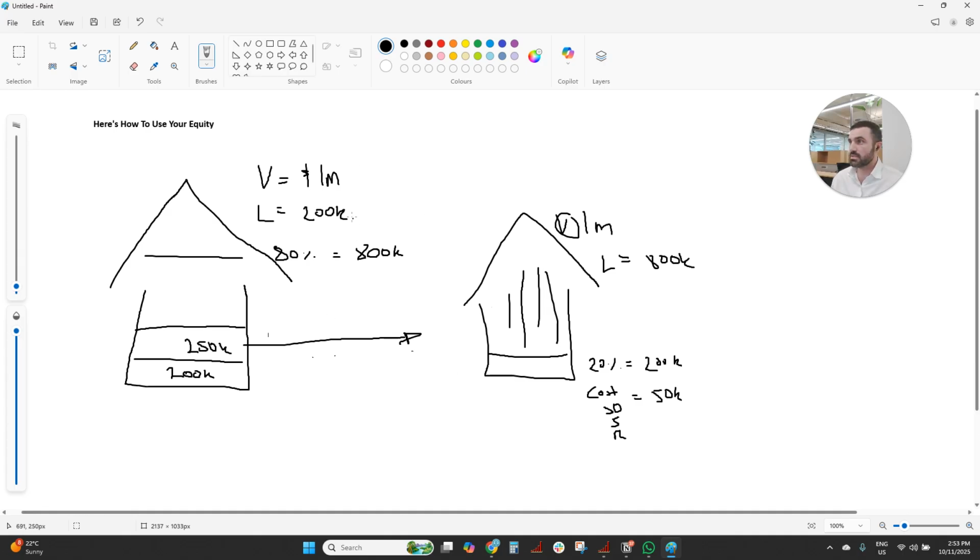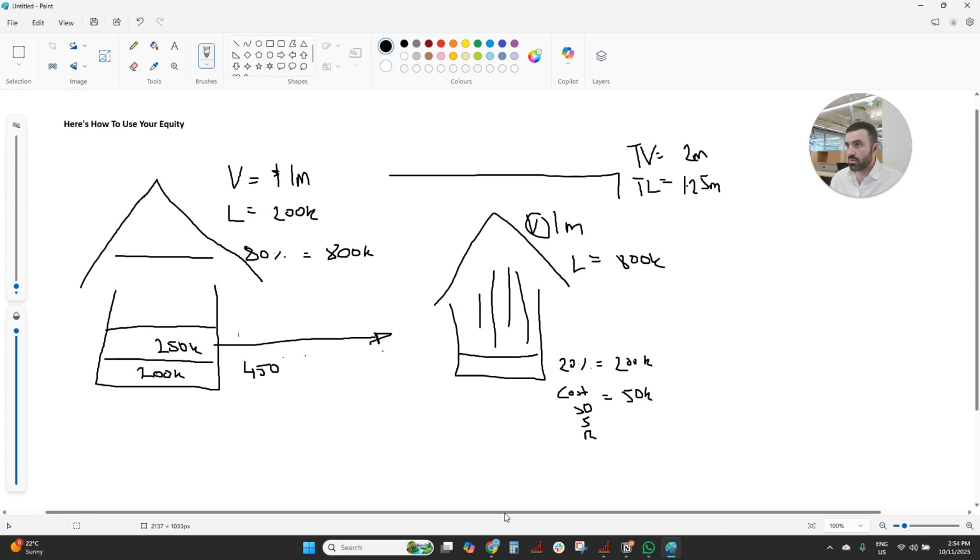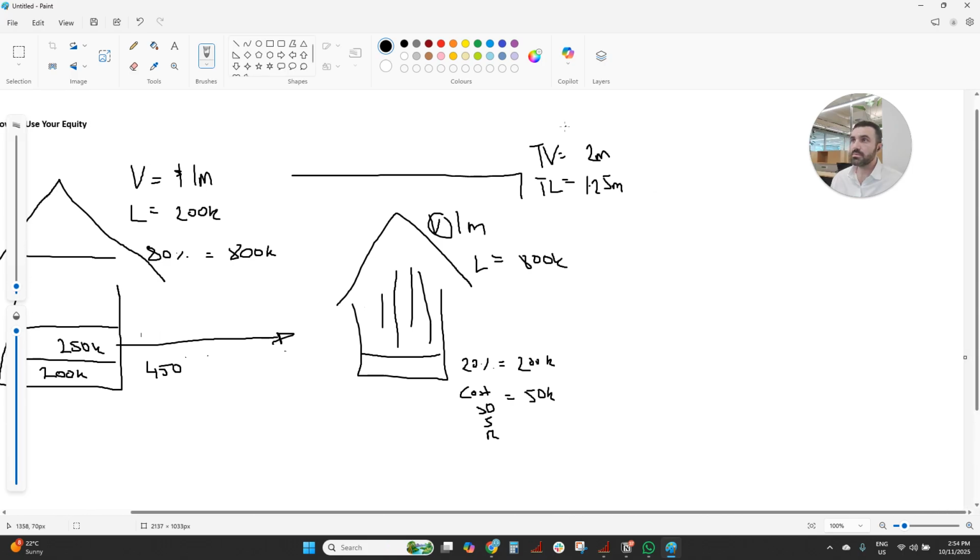In this instance, you've got a total value of $2 million and the total lending of 200 plus 250 is 450, plus another 800,000, which is 1.25 mil.